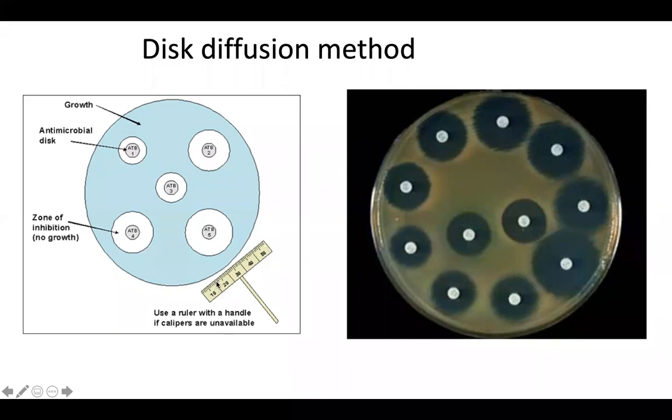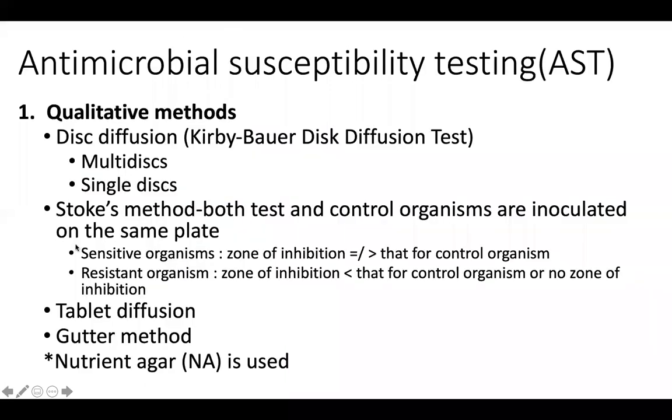So you use a ruler to measure the zone of inhibition. And then we have standards which will tell you if you have 15 millimeters for amoxicillin, then that's resistant, or this is susceptible, or something like that. So that's the qualitative disc diffusion method.